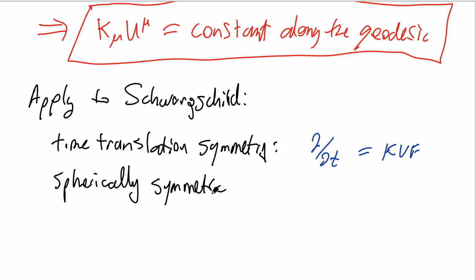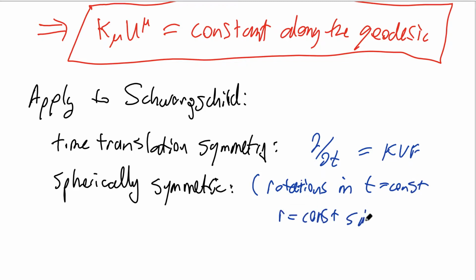So it has Killing vector fields corresponding to rotations about any axis through the spheres defined by t equal constant, r equal constant. This is rotation in the t equal constant, r equal constant subspaces.